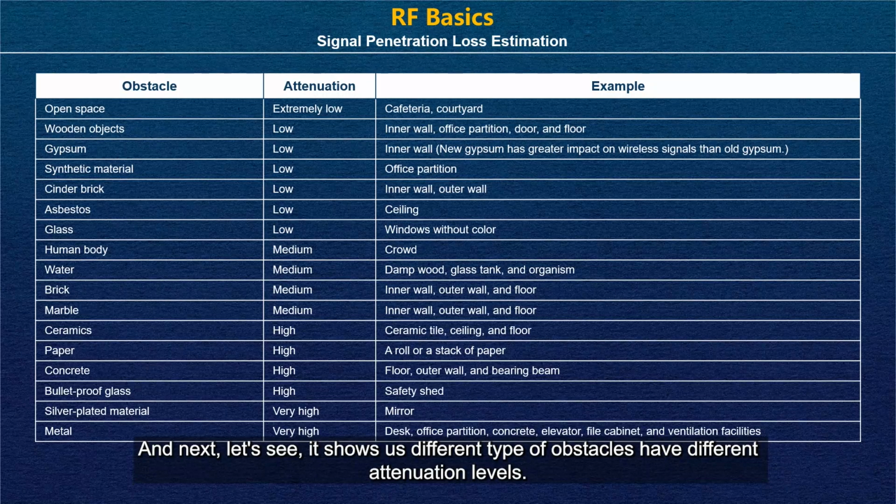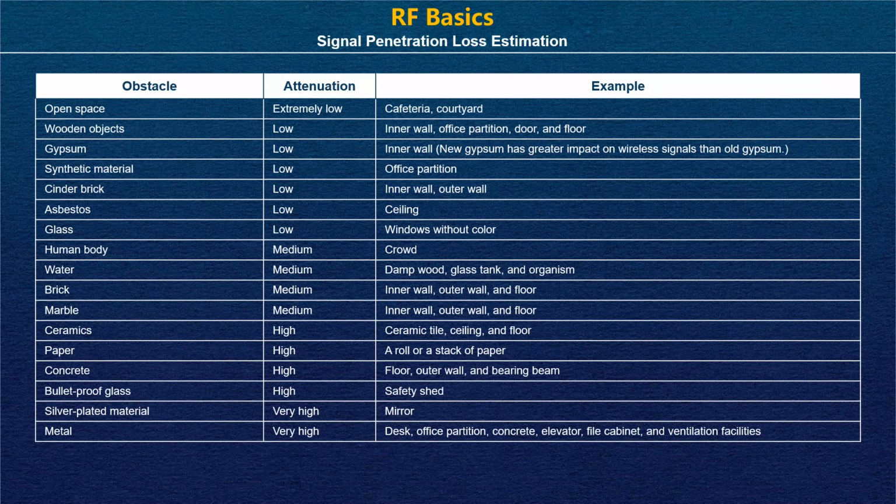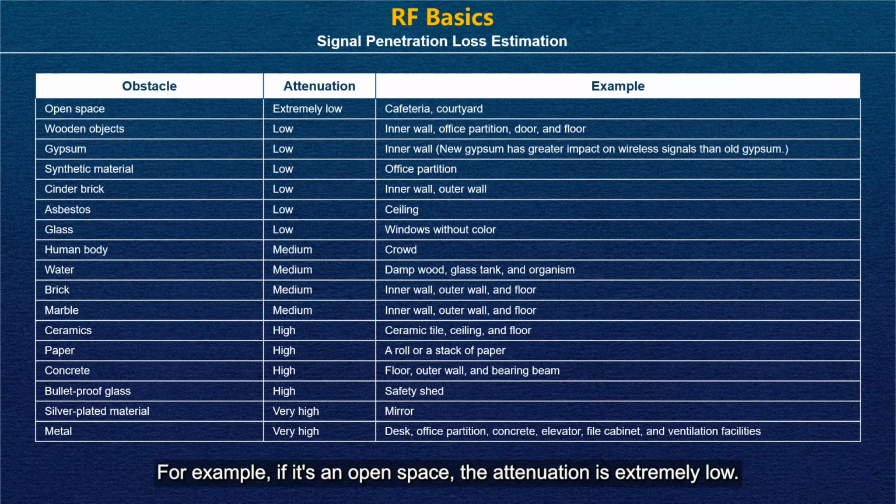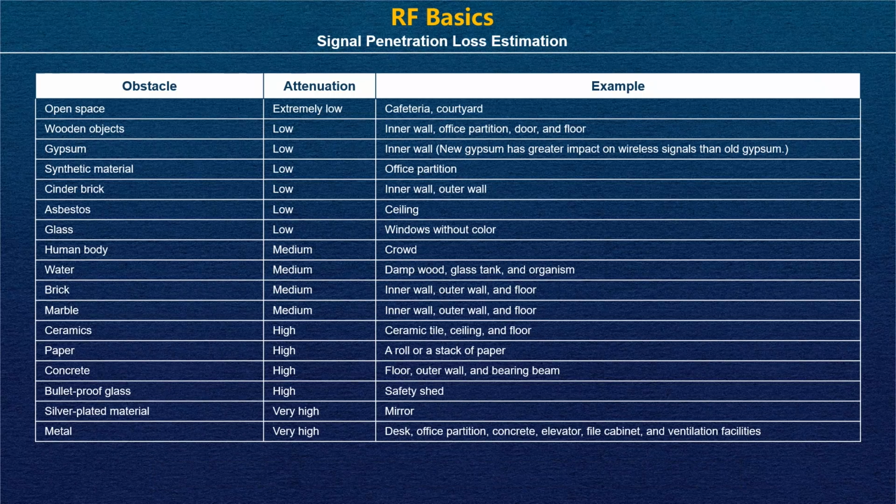And next, let's see, it shows us different types of obstacles have different attenuation levels. For example, if it's an open space, the attenuation is extremely low. While if it's human body, the level is medium. And if it's a paper, it's high.